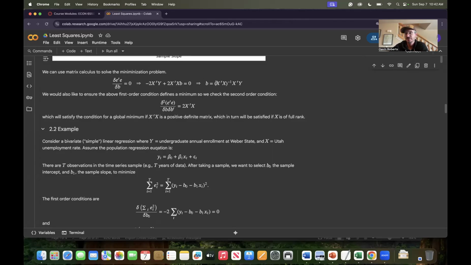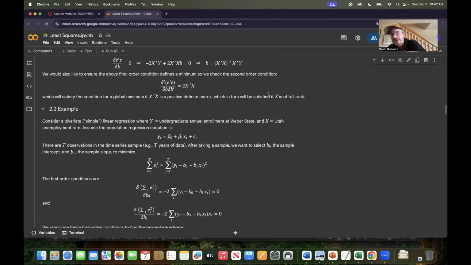We can use that to show that this is in fact the solution to B, and this is a formula we will refer to regularly in this class, X prime X inverse X prime Y. So like that's just in your brain all the time if you do regression a lot. That is the matrix form of the solution to the least squares problem.